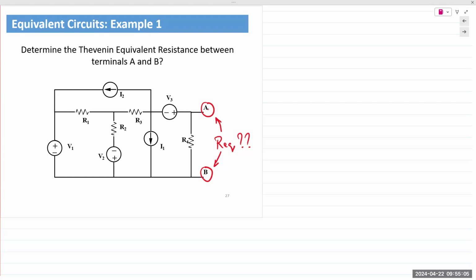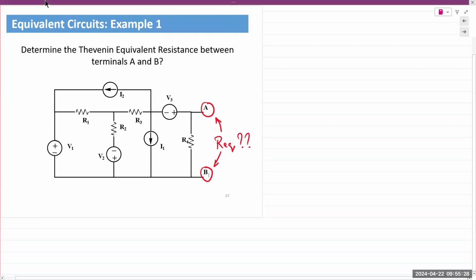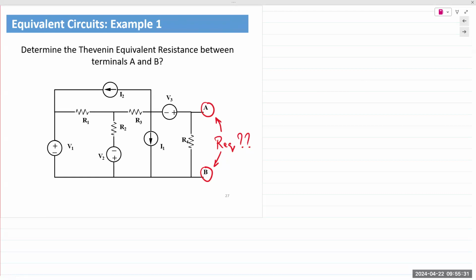So polarity does not matter, and you don't really care how the voltage sources and the current sources are connected. Let me know if anyone has any questions.